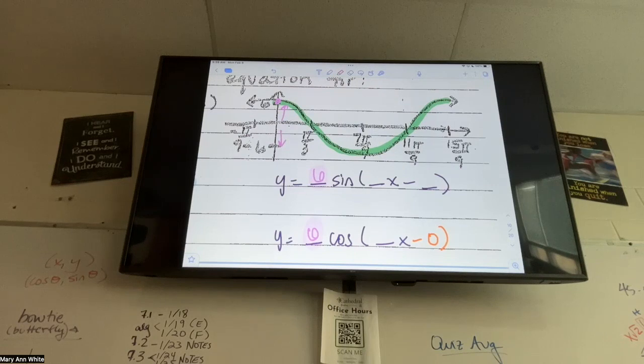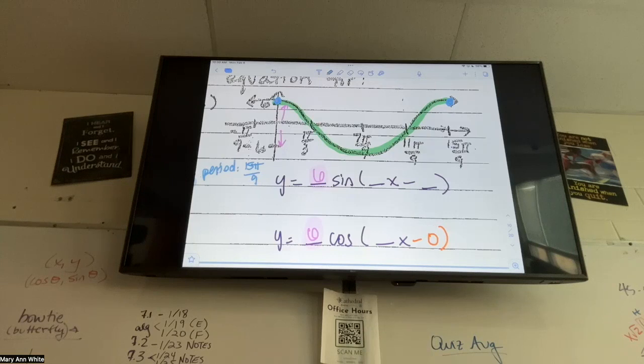That's going to be what my period is. So if it starts at 0, and then it goes until this point right here, that's the horizontal length of my graph. That's the period. So the period for this, I actually don't have much work to do. It's just 15 pi over 9.